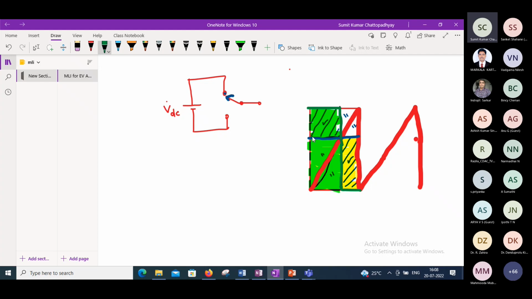So observe that this blue line was the reference for which this was the area of the triangle, sorry, rectangle. And now it is turning on the switch during a given instance. And as a result, what is happening? Net volt-second area for this time duration, Ts, is becoming same between the reference and output, even if the magnitude is not same.